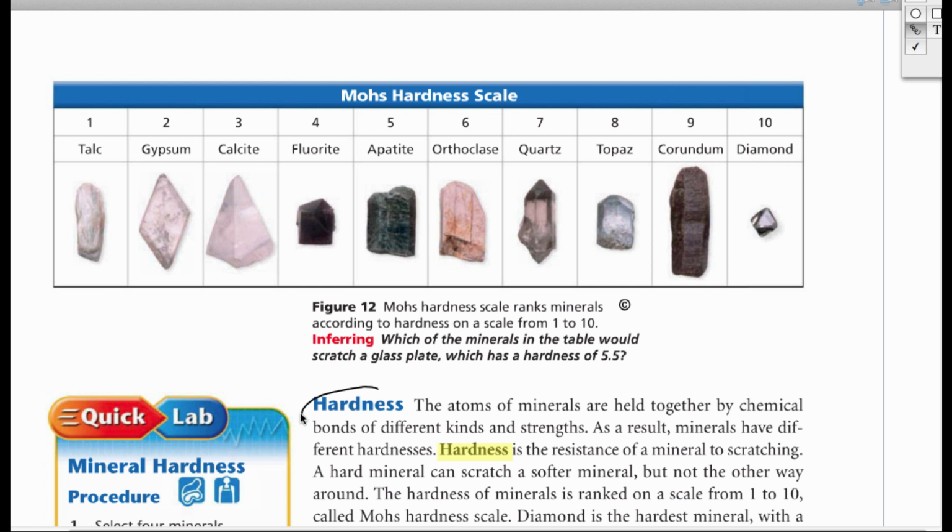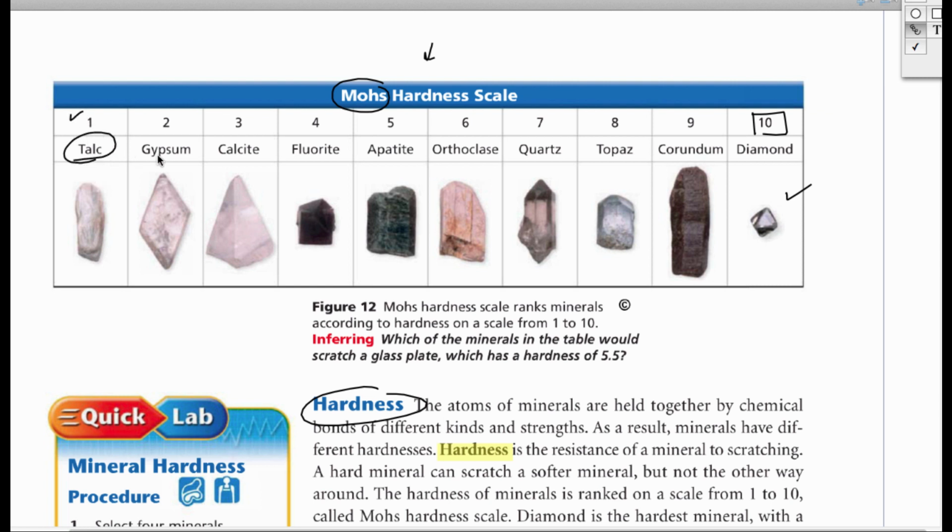Then we have hardness. Hardness is if you were to scratch one mineral against the other one, which one is going to give way? Which one is going to basically get scratched? And here is a diagram of the hardness scale. This is Mohs hardness scale, 10 being diamond, the hardest mineral that we know of, and number 1 being talc.